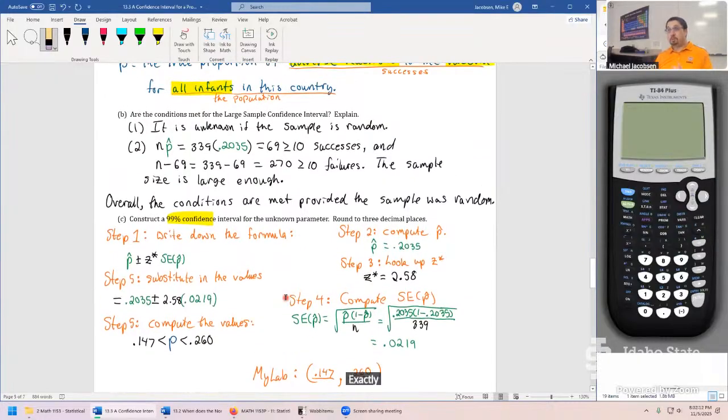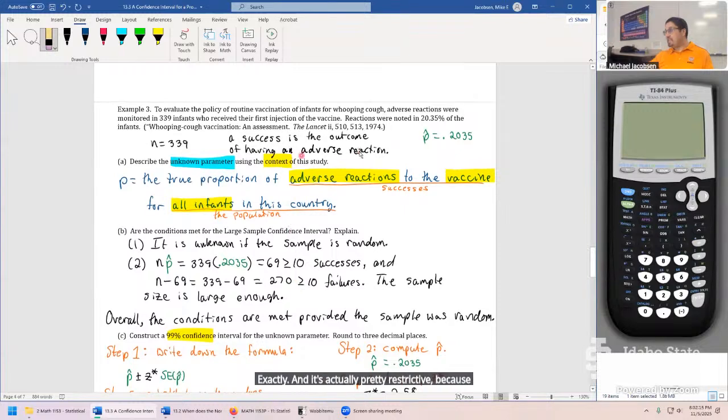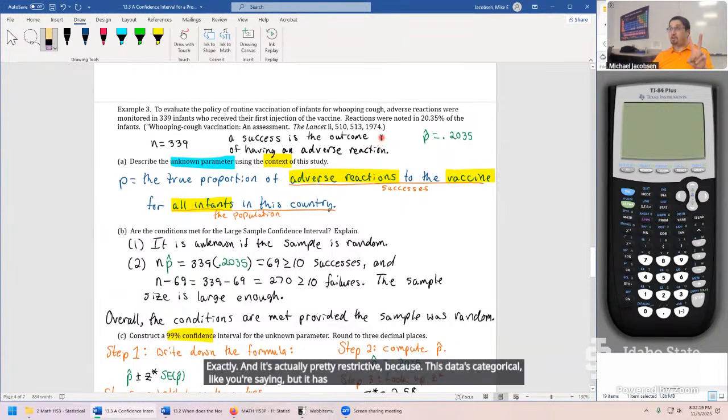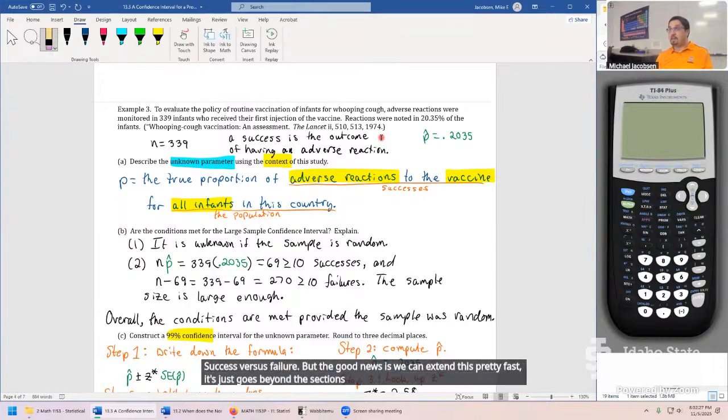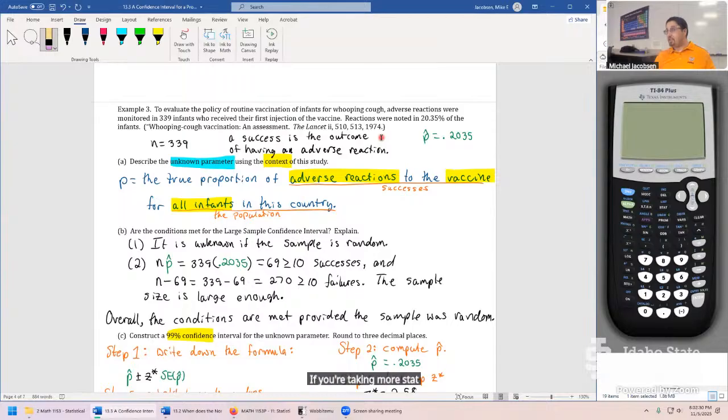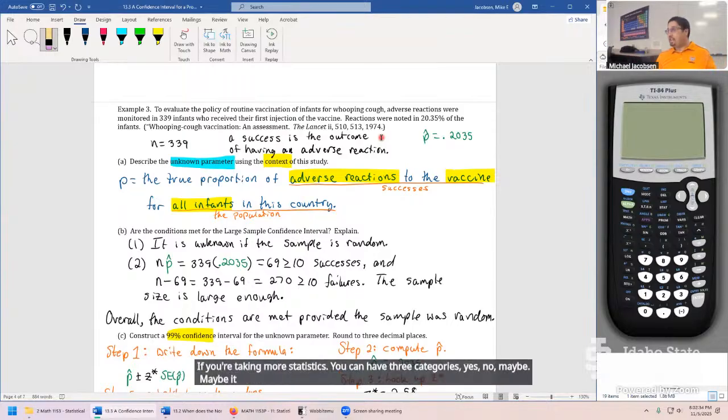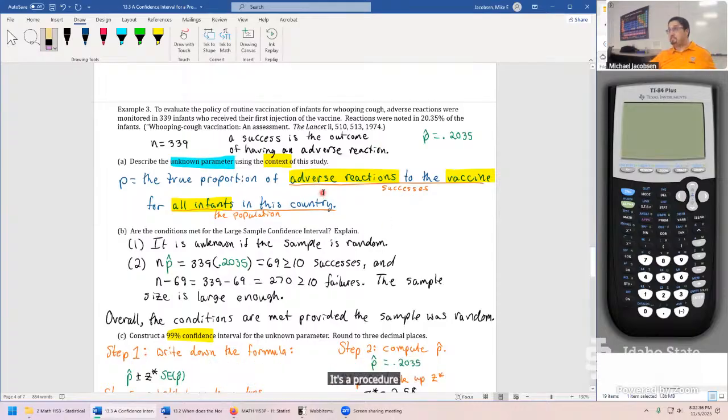Exactly. And it's actually pretty restrictive because this data is categorical, like you're saying, but it has specifically 2 outcomes, success versus failure. But the good news is we can extend this pretty fast. It just goes beyond the sections of our class. If you're taking more statistics, you can have 3 categories: yes, no, maybe. Maybe it's polling data. It's a procedure much like this, but it just gets called a chi-squared procedure instead. So this starts to get more and more involved.